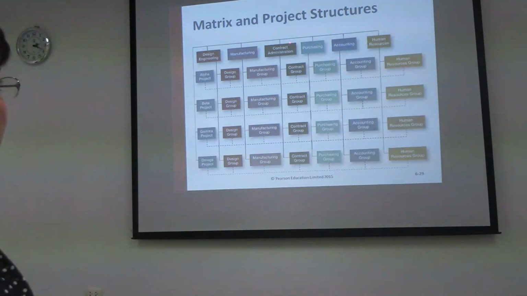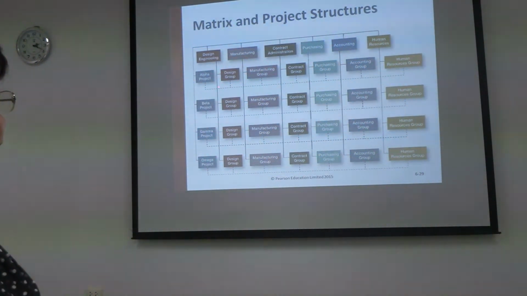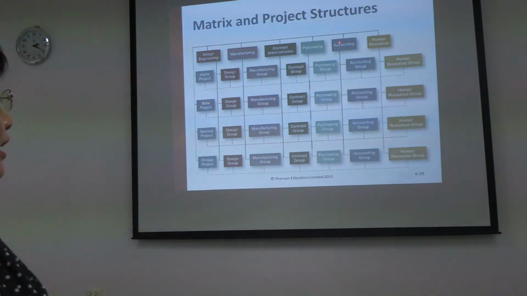So from the picture, in design engineering, they have a design group here. In the department of manufacturing, we have a manufacturing group here. In contract administration, there is a contract group here. In the purchasing department, there is a purchasing group here. And in accounting, they have an accounting group.